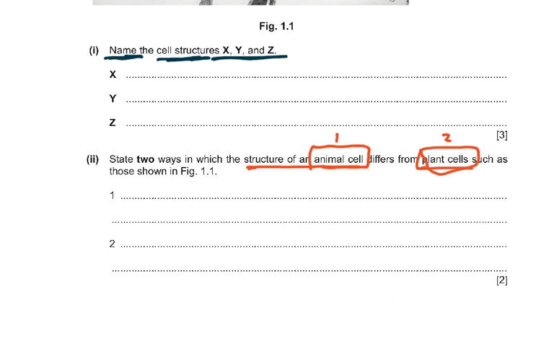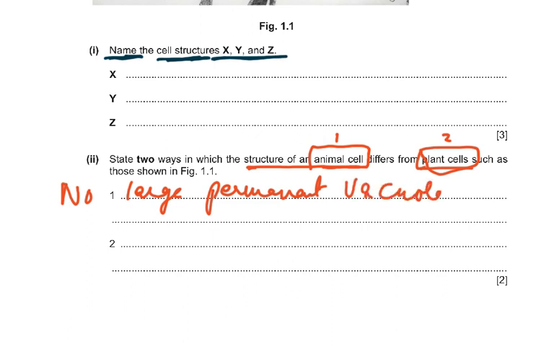So I want you to say this: what is in an animal cell? When you look at the animal cell, as we can see very clearly, there is no large permanent vacuole. I'm not writing on the lines because I have a lot to write. No large permanent vacuole in the animal cell. Then there are no chloroplasts.